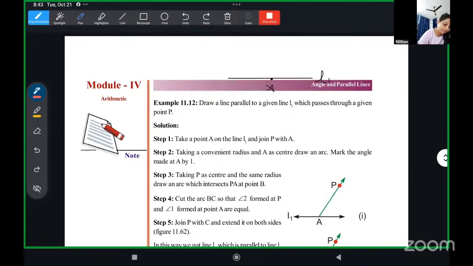A point P will be given to you. Take any point A on L1. Now join this P and A. Now put your compass on A and draw an arc.